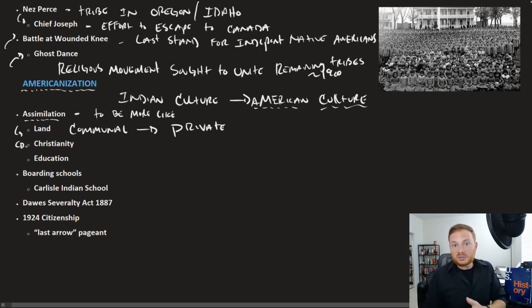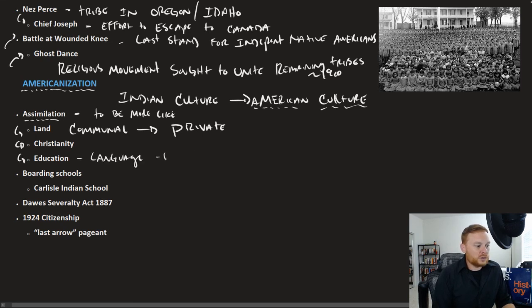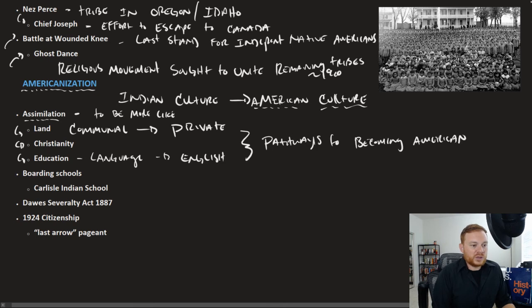Adopt Christianity, of course, as the predominant religion in America, Protestantism in particular, and education, looking specifically at something like language, right? English. And these were potential pathways to becoming American, right? And as you can see, it's completely one-sided.